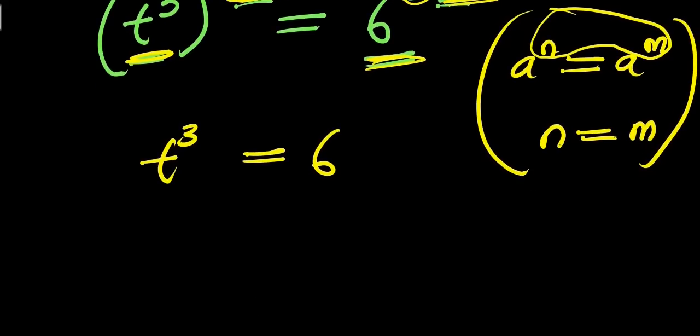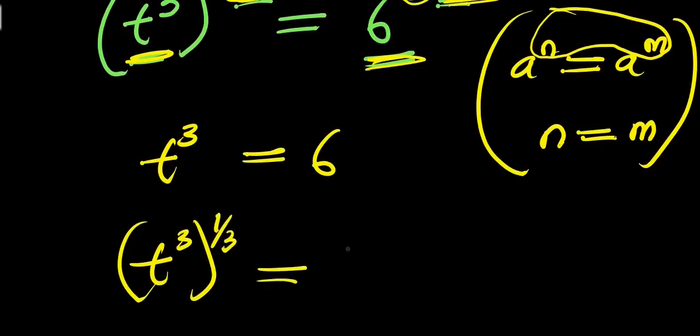So the next thing we are going to do at this particular point is to solve for t right here. So we need to eliminate this exponent, that is 3. And for us to eliminate that exponent, we can raise the power to 1 over 3. We have t power 3 to the power of 1 over 3 equals 6 power 1 over 3.